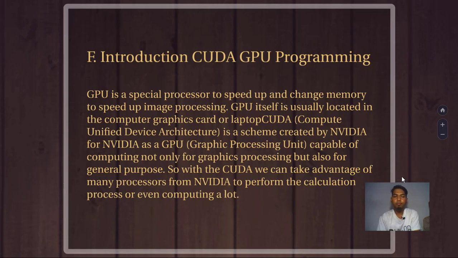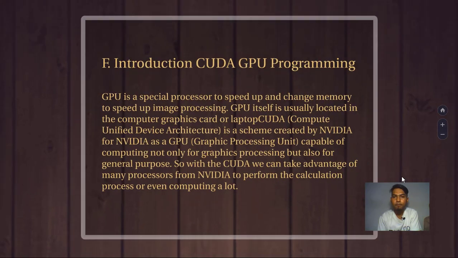CUDA, Compute Unified Device Architecture, is a platform created by NVIDIA for its GPUs, graphics processing units, capable of computing not only for graphics processing but also for general purposes. So, with CUDA, we can take advantage of many NVIDIA processors to perform the calculation process, or even heavy computing.